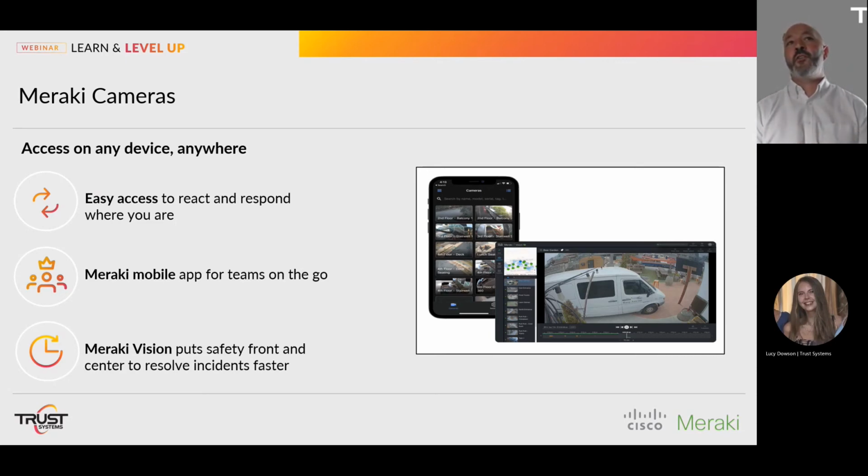That will then send an alert to the respondents to give you easy access to that information, and it's available real time via the Meraki mobile application and via the Meraki Vision portal. Really capturing data real time to give you access on any device, anywhere, and respond in real time.